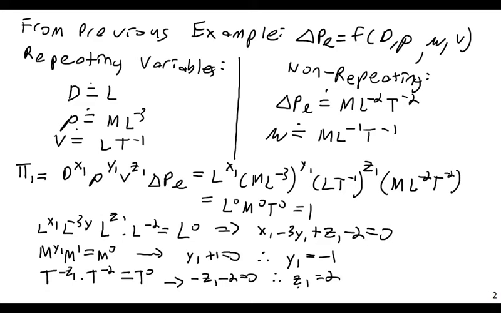And then if I know that z1 equals 2 and y1 equals negative 1, I can plug those into this equation here and find that x1 will be equal to 1. If you plug these in, we get a positive 3 plus 2. Oh wait, does that make sense? Oh yeah, positive 3 minus 2.